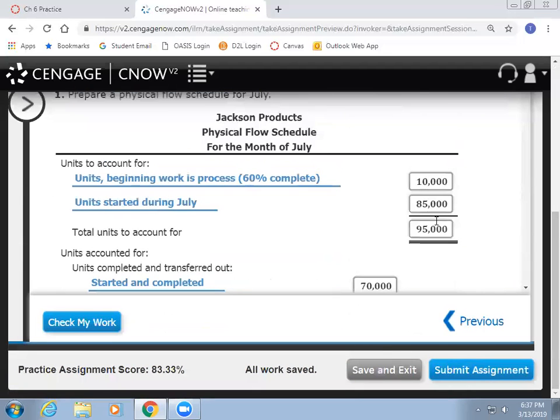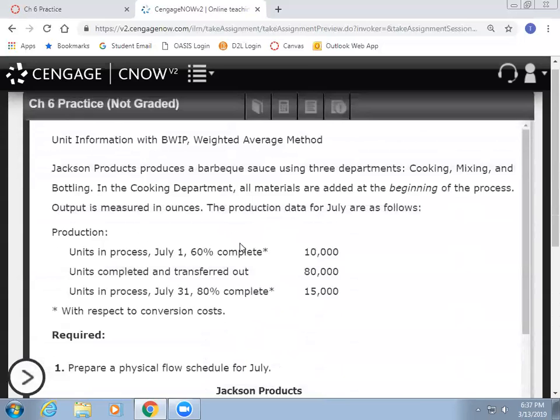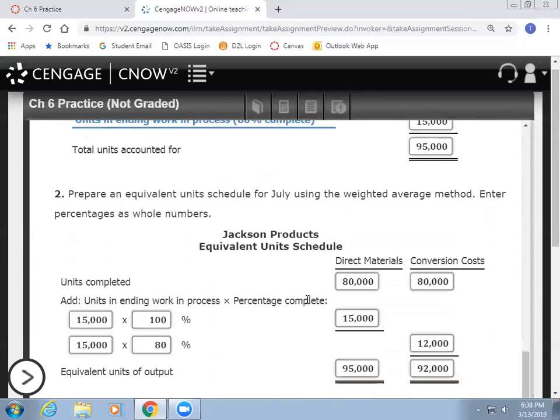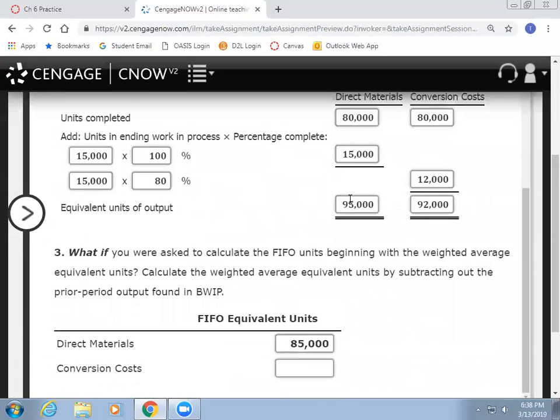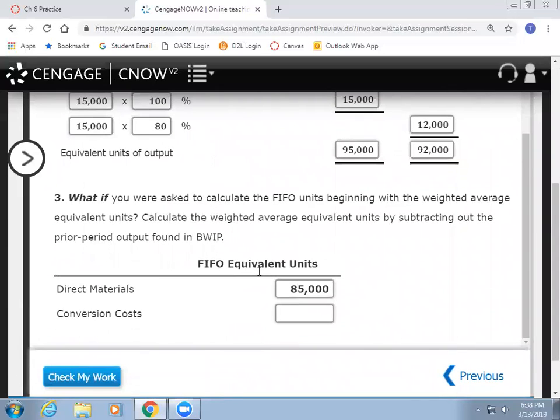So beginning work in process for materials was 100%, so we had 10,000. And then for conversion, it was 60% or 6,000 equivalent units of production. So we would have to go back up and look at our beginning work in process. And we would just take what we got under weighted average and subtract out the beginning work in process equivalent units of production.